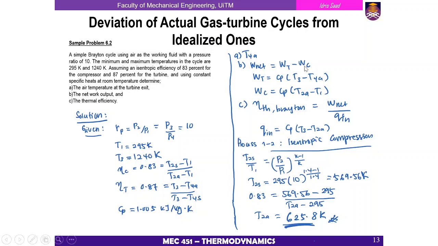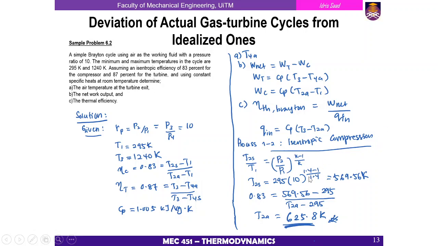This is the related formula. When dealing with this cycle, we need to determine the temperature and pressure at each point. If you have 4 points, you have to determine the pressure and temperature for each of them. For process 1-2, we have an isentropic conversion.